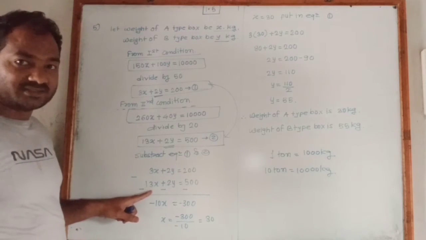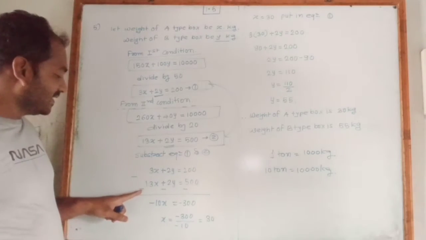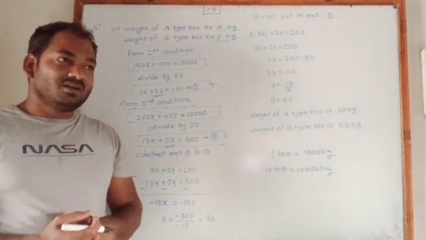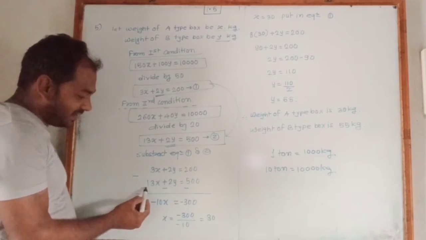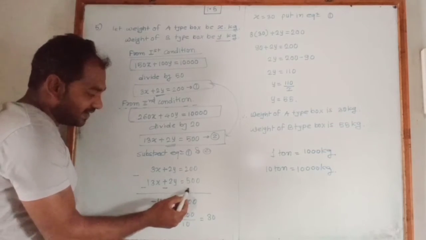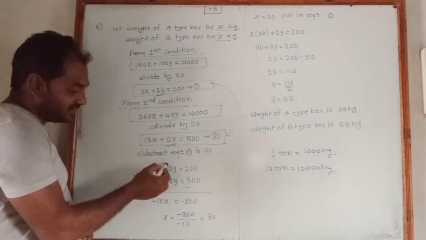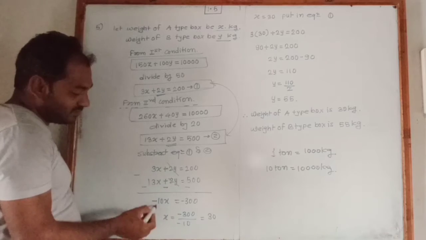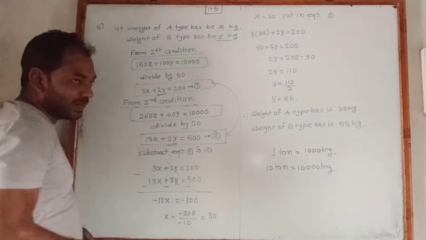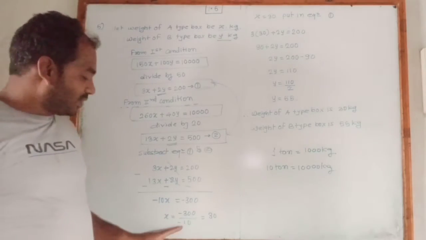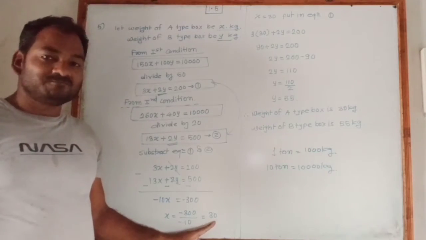In the subtraction, we change the signs of the second equation. The 2y cancels, minus 10x is equal to minus 300. So x is equal to minus 300 upon minus 10, which is 30.